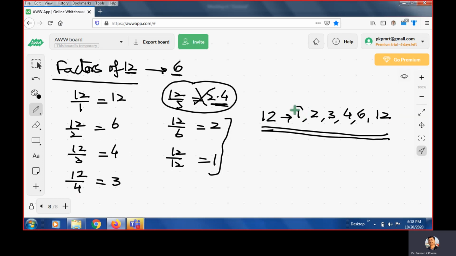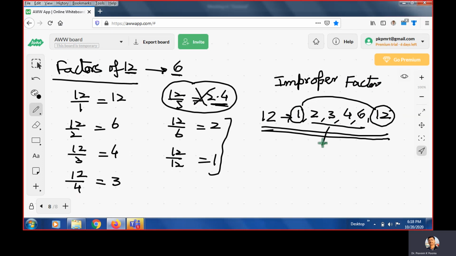If you see here, the first number and the last number, these two are called improper factors. While these four, 2, 3, 4, 6, are called proper factors.